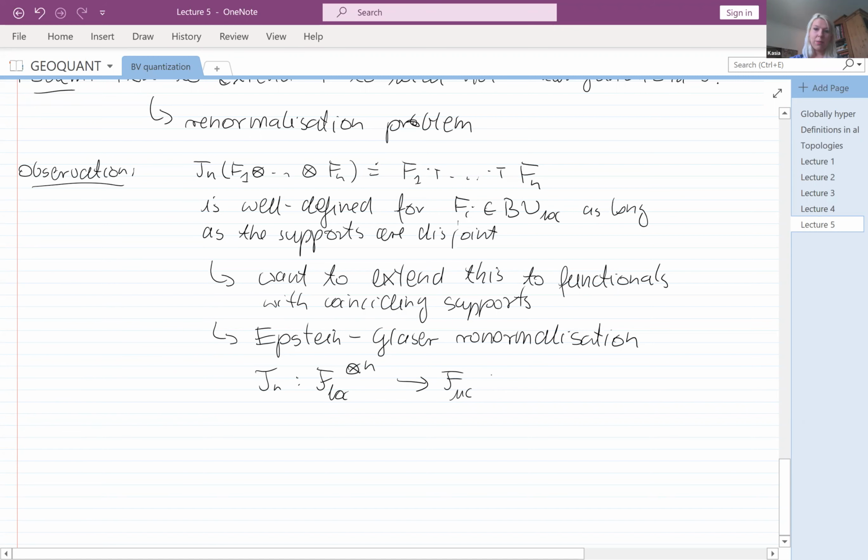So we want to find that family of maps, where n is a natural number, so that certain axioms, certain properties are fulfilled.